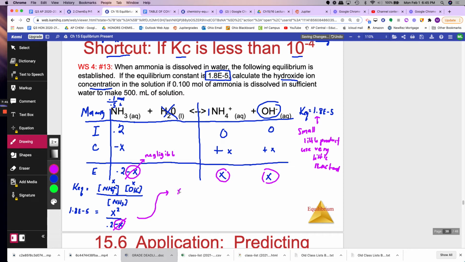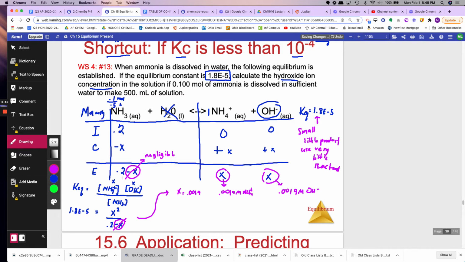So x is going to be equal to 0.0019, which is the molarity of ammonium hydroxide. So it's 0.0019 molar ammonium, and also 0.0019 molar of hydroxide.